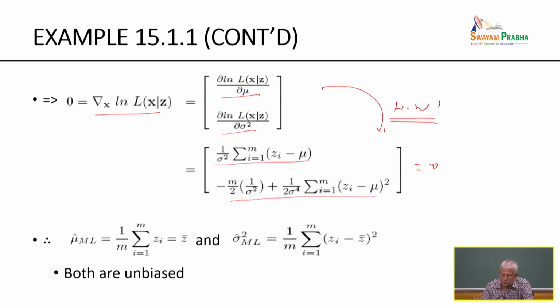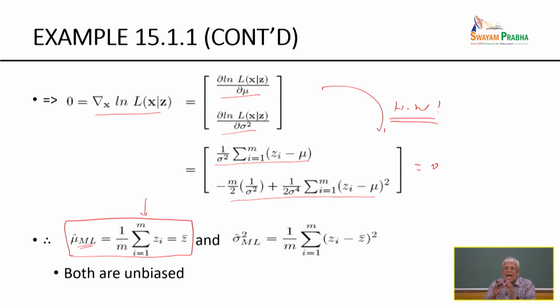If you set this to 0, you can readily verify z bar, which is the sample average, is the maximum likelihood estimate of the unknown mean. Wow, that's a very good result. We have seen this result is also a result coming from least squares theory. Average is the best least squares estimate.